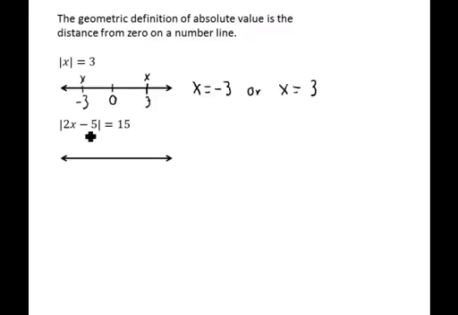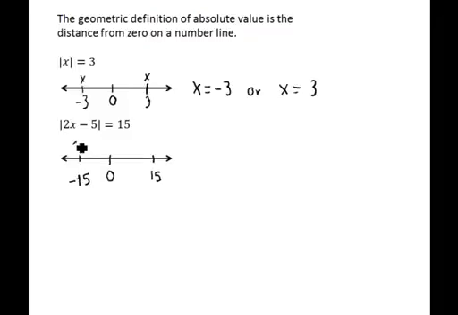As things get a little more complicated, we want to keep the same thought process. We start with a number line, putting 0 on it, and we say, okay, the absolute value of 2x minus 5, the distance that this expression is from 0, has to equal 15. That can happen in two spots, out here at positive 15, but also here at negative 15.